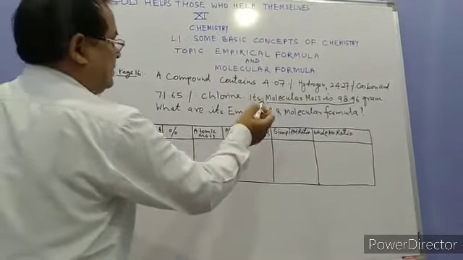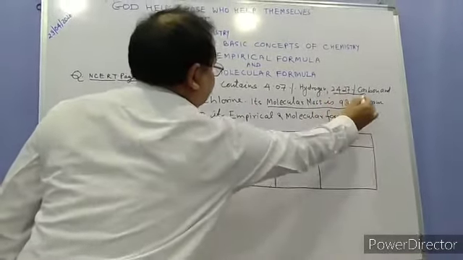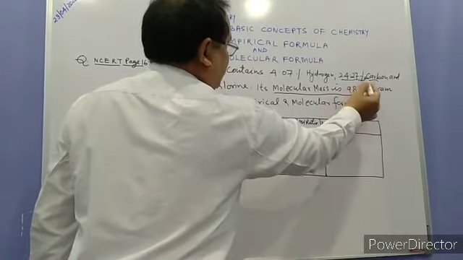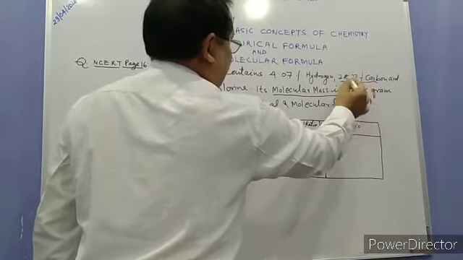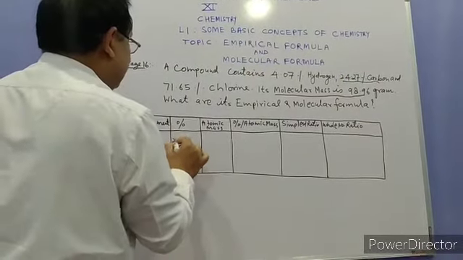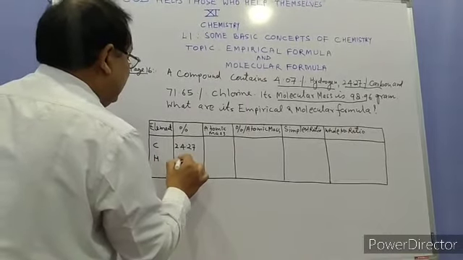Here, first carbon, 24.2% carbon is given in the question. So the percentage of carbon is 24.27%. Then hydrogen is 4.07%.